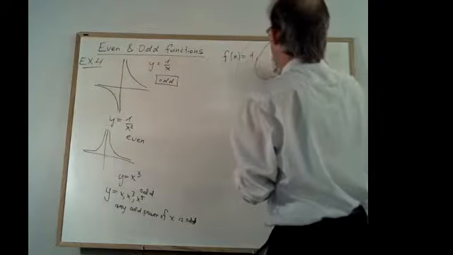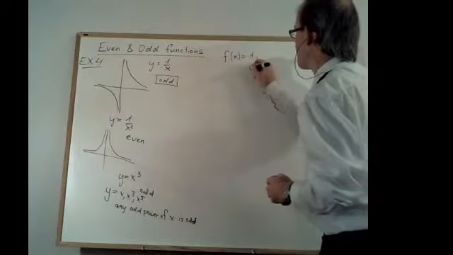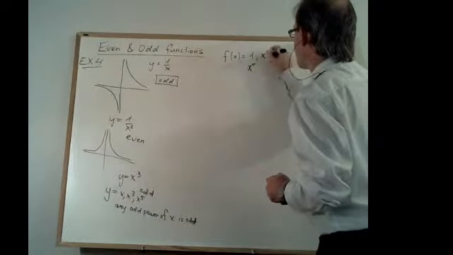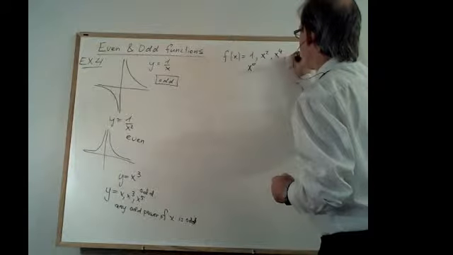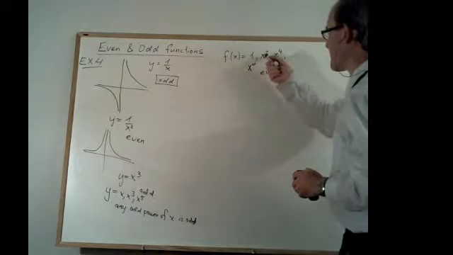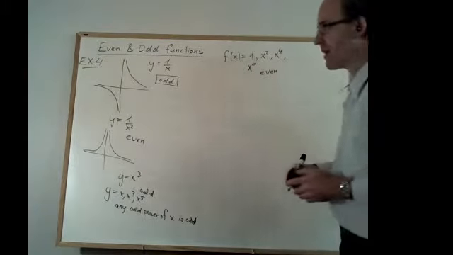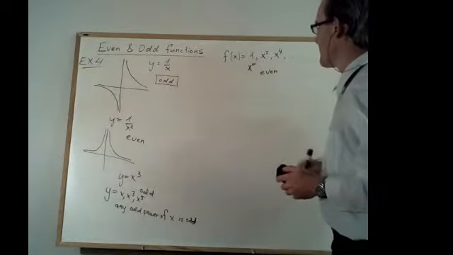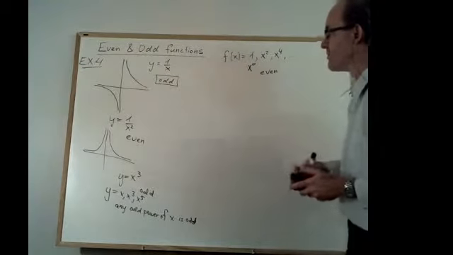So constant, that's x to the power 0, x squared, x fourth, and so on. If you put a minus x in there and then take an even power, then it gets you back the original function without a change of sign.